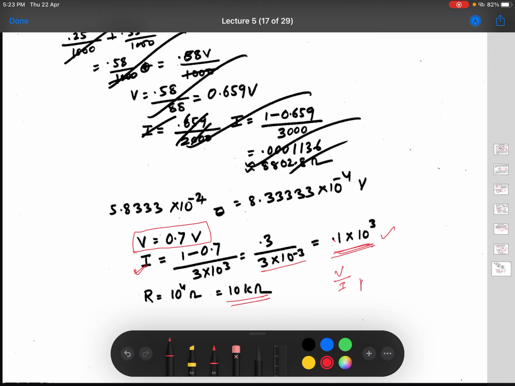So that is R equivalent, and my Thevenin equivalent voltage is plus minus 8 volt, and this is A and B, and R equivalent is 10k. This is my Thevenin equivalent for this particular circuit.